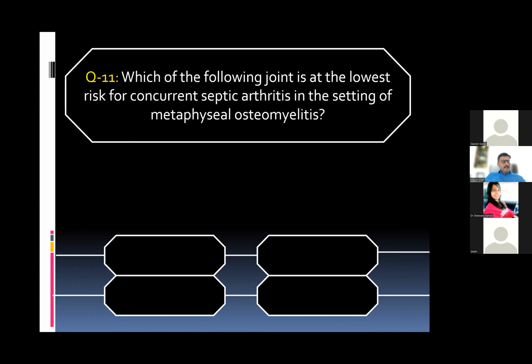Next question is, which of the following joints is at the lowest risk for concurrent septic arthritis in the setting of metaphyseal osteomyelitis? Options are shoulder joint, hip, elbow, or knee.